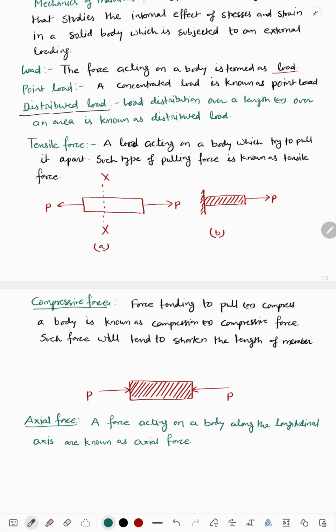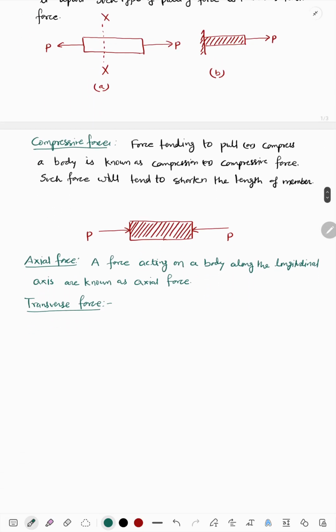Let us see one more force, called transverse force. What is the transverse force? Let's define it, then we will make a picture to get good clarity on this concept.